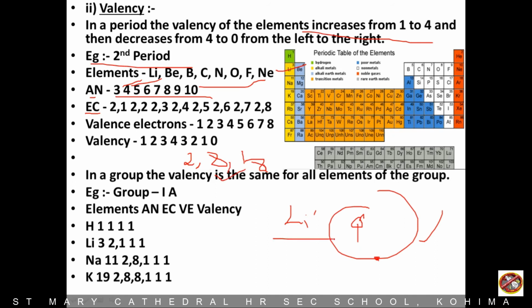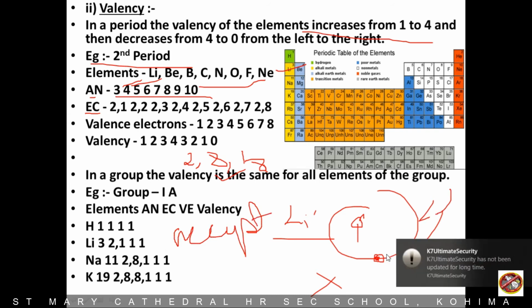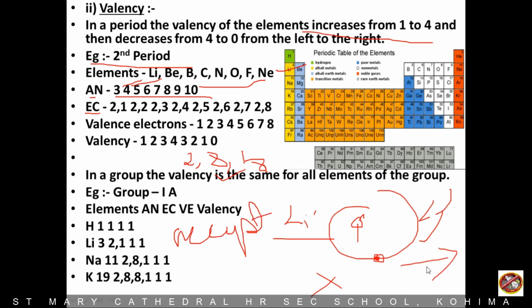In lithium they have only 1, and that shows that they are not stable at all. So they will go and react with others, and to react they will either accept more electrons and become stable, or donate electrons to others to become stable.